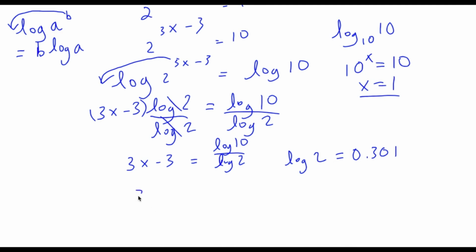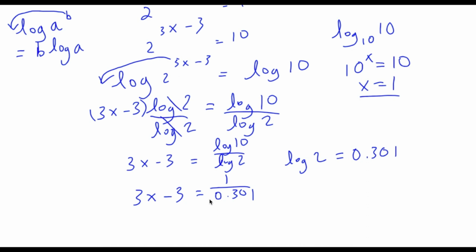So now we have 3x minus 3 is equal to 1 over, now log 2, that is equal to 0.301. So 3x minus 3 is equal to 1 over 0.301.